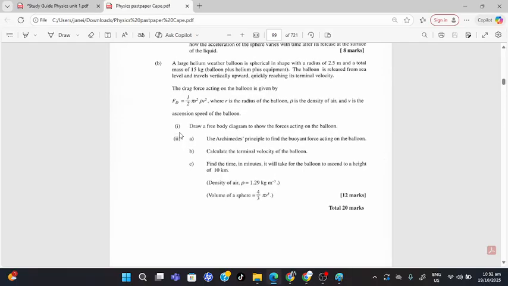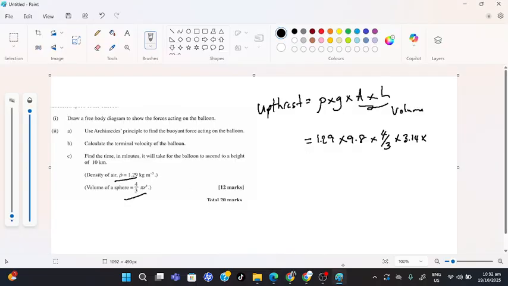It's 2.5, cubed. Put that in a calculator and let me know what you get, and that would have calculated your upthrust.